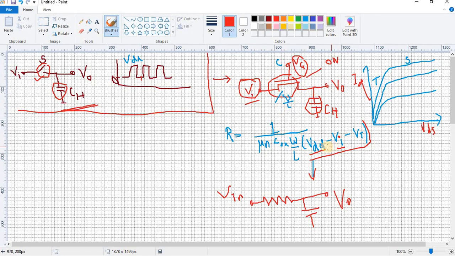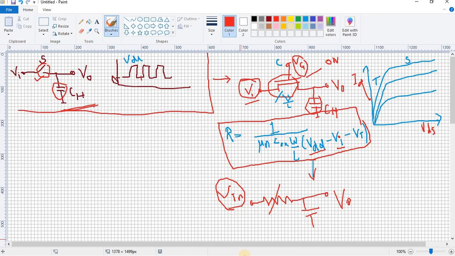If VG minus VI is decreasing, effectively the current will decrease. By a similar analogy, if the current is decreasing, you have more resistance, right? So in this circuit, the MOSFET we have used acts as a variable resistance, which will vary with the applied input voltage, right?